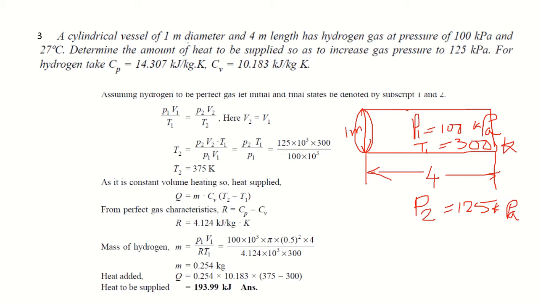For hydrogen, take Cp is this, Cv is this. So we have to determine the amount of heat to be supplied.